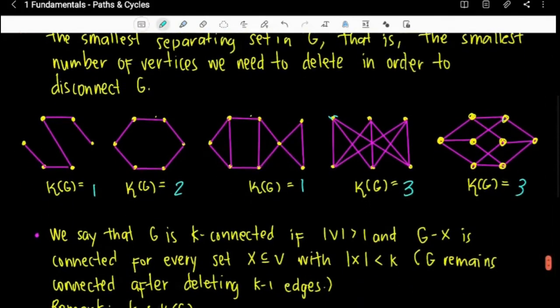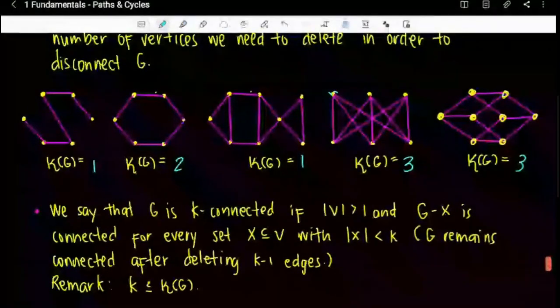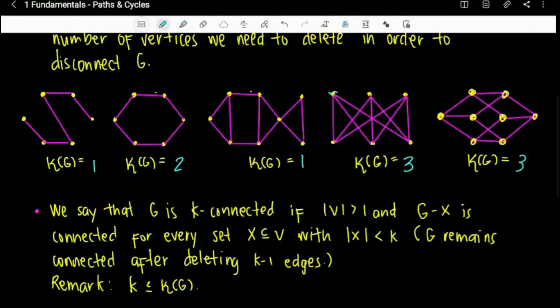Now, to describe vertex connectivity, ganun din, it is said to be K-connected if you have at least one vertex and G minus X is connected for every set X whose number of elements is less than K. So, parang kanina yung edge connected, ito vertex connected or simply connected. So, it's K connected if deleting fewer number of vertices will not make your graph disconnected.